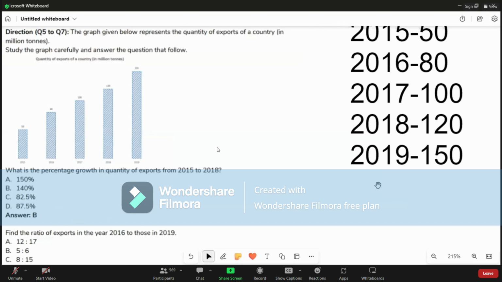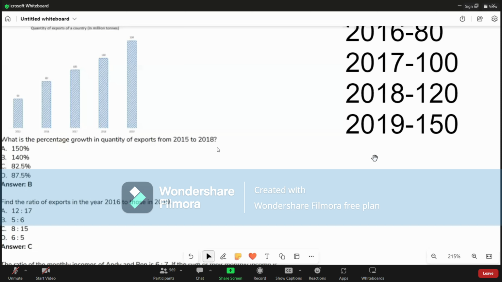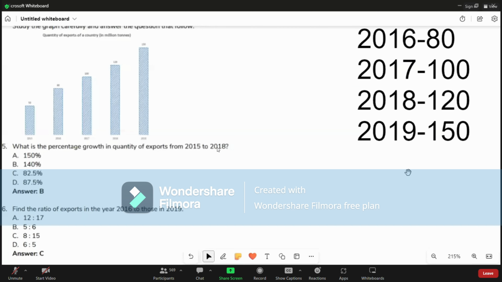They have asked what is the percentage growth from 2015 to 2018.